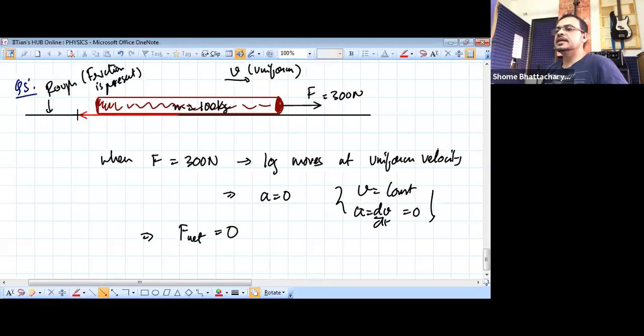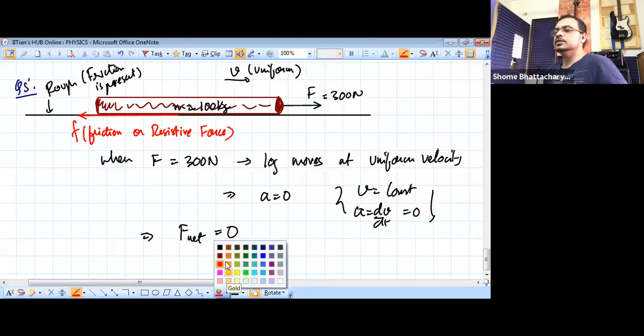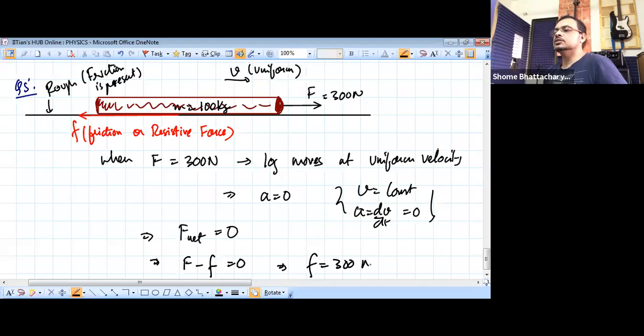As it is slipping in that direction, the ground is applying a force of friction, or what they call the resistive force. In this question, they are using the language of resistive force. It's basically the friction. You can see that the net force is zero, because the external force I am applying is getting balanced by the resistive force of the ground. So the amount of friction or resistive force is how much? It is 300 newtons.